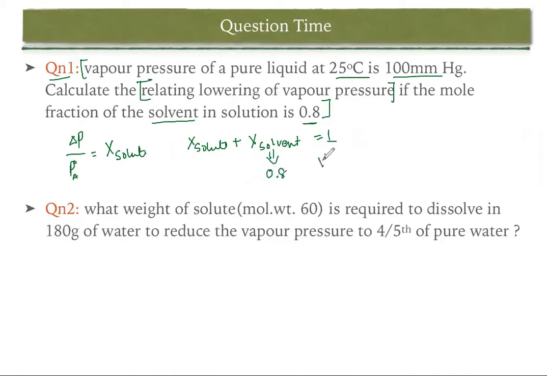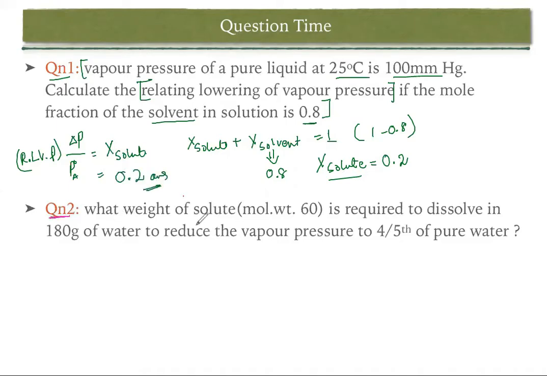So we can say that the mole fraction of solute is equal to 1 minus 0.8, which is 0.2. So this is your RLVP, and its value is equal to 0.2. This is the answer.